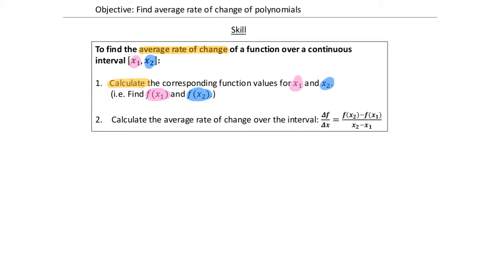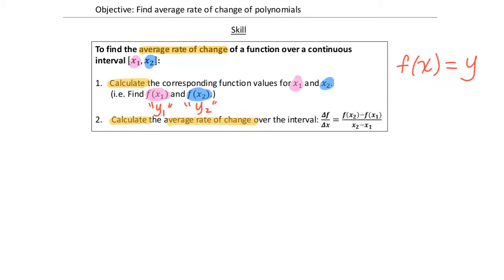And if you remember, with function notation, f of x is the same thing as a y. So when we say f of x1 and f of x2, that's the same thing as saying a y1 and a y2. We're just using function notation, okay? So then in order to calculate the average rate of change, we're going to plug it into the formula.